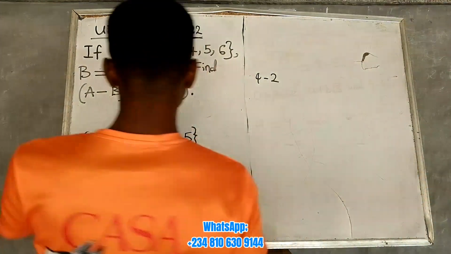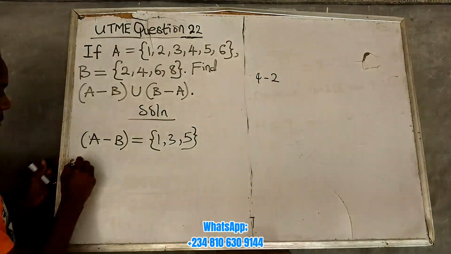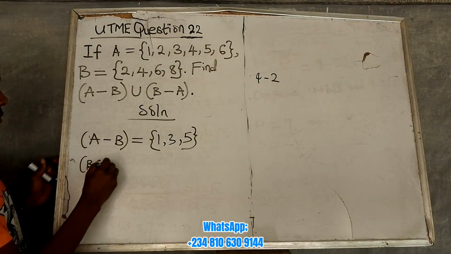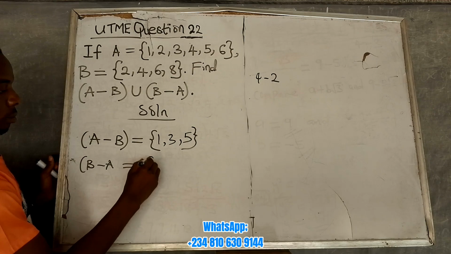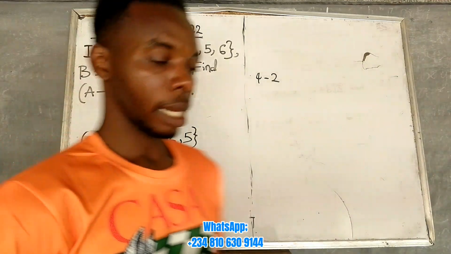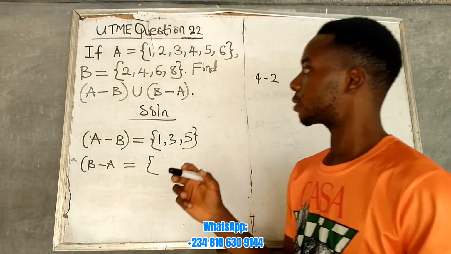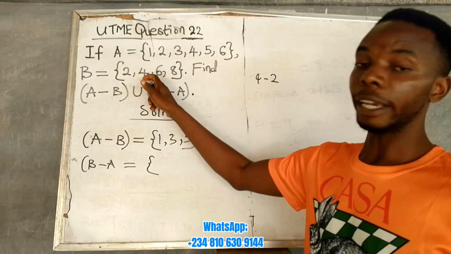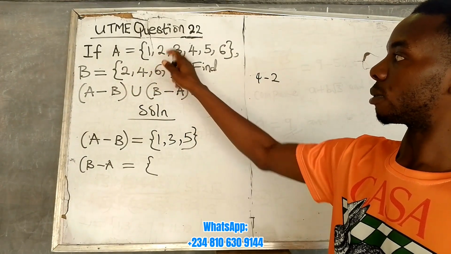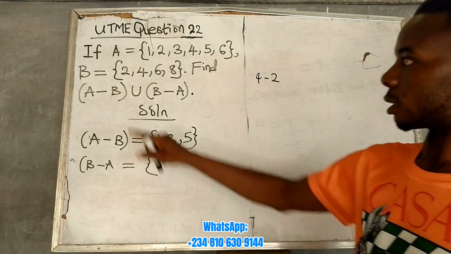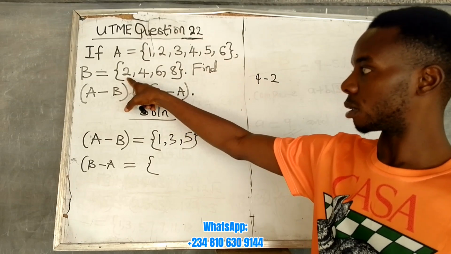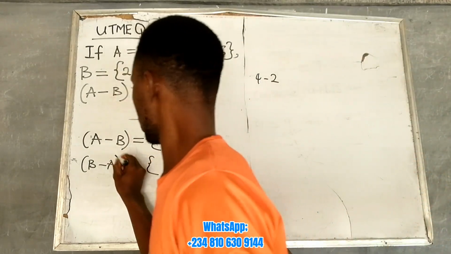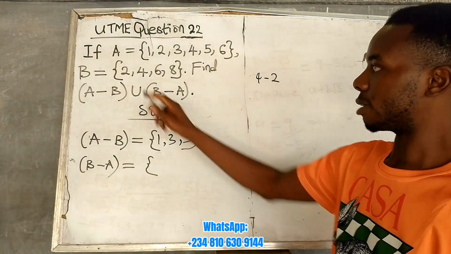The next thing to find is B minus A. Now, B minus A, those values that are here, that cannot be found here. So the first value you can find in B is 2.